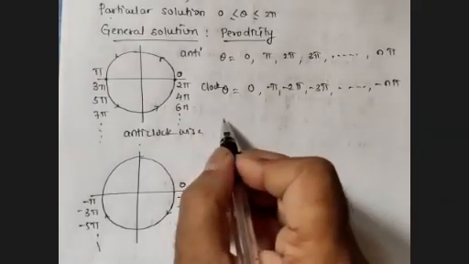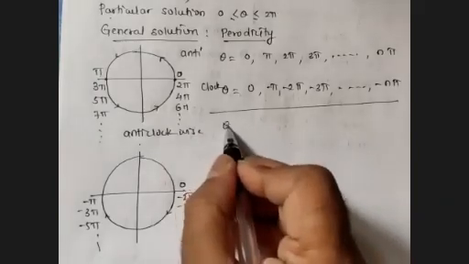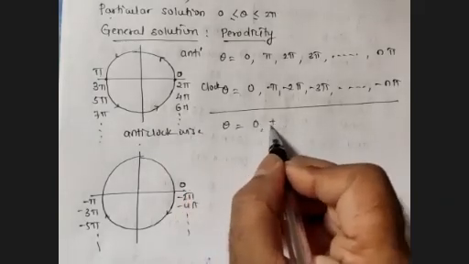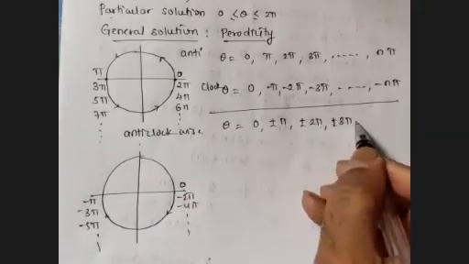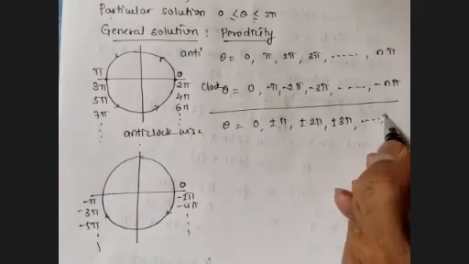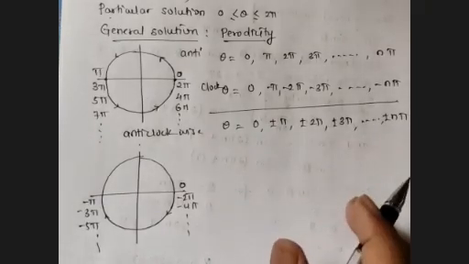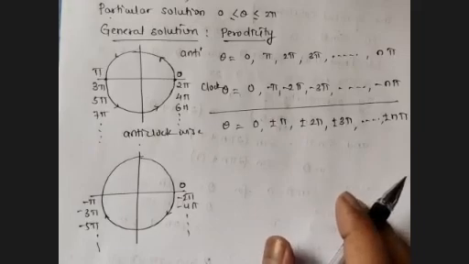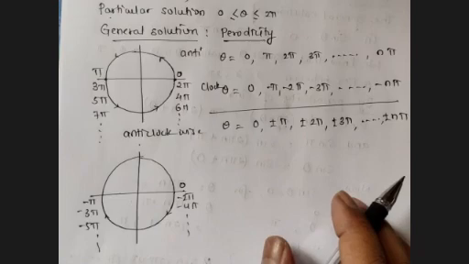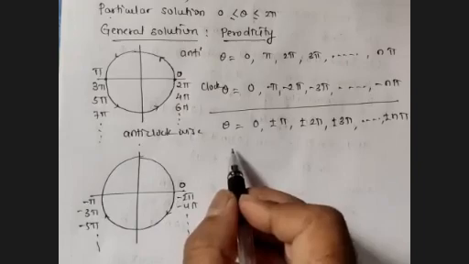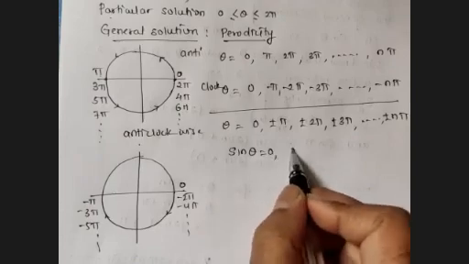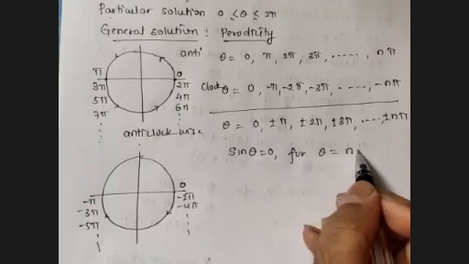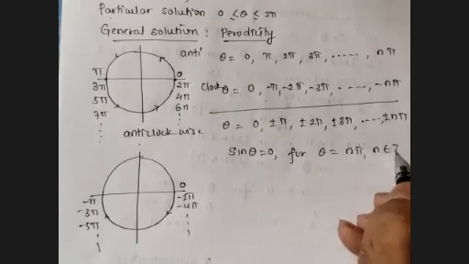So the value of theta by these two conditions will become 0, plus minus pi, plus minus 2 pi, plus minus 3 pi and so on, plus minus n pi. So that means in simple words you can say that sin theta is 0 for the value of theta as n pi where n belongs to z.